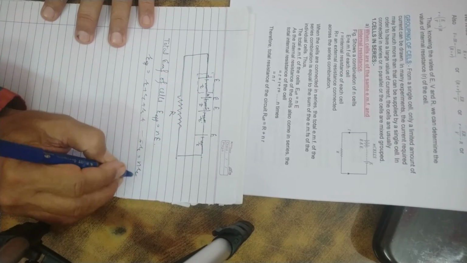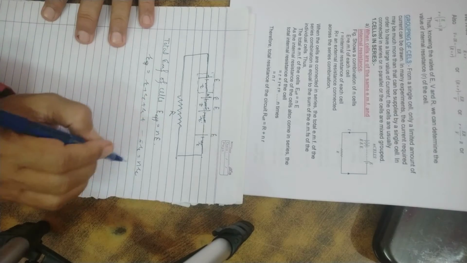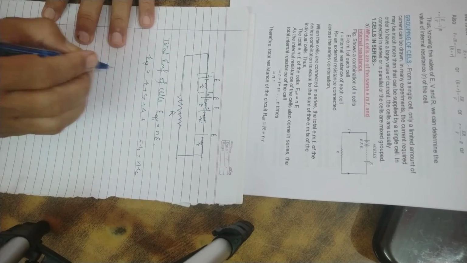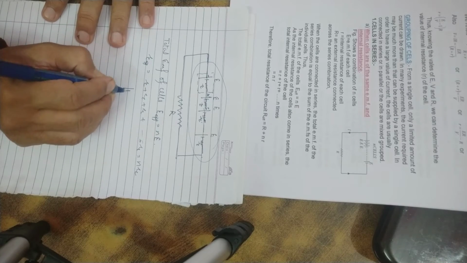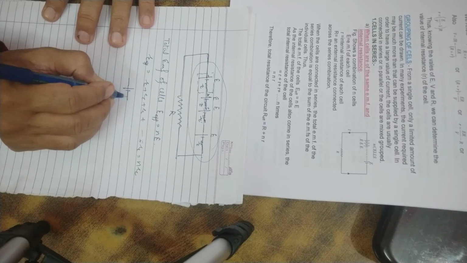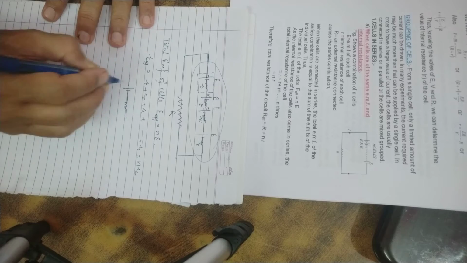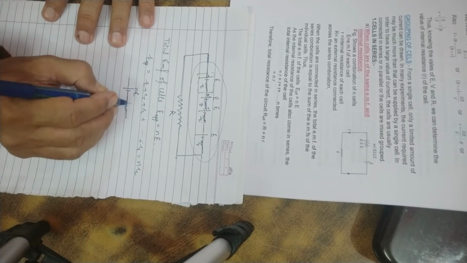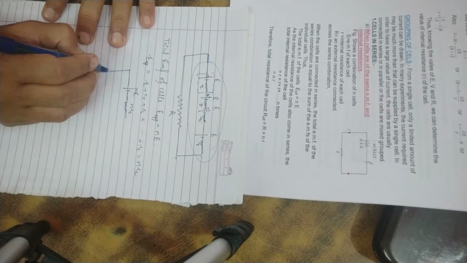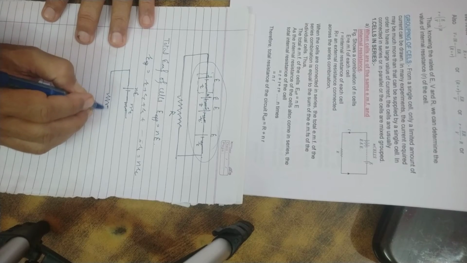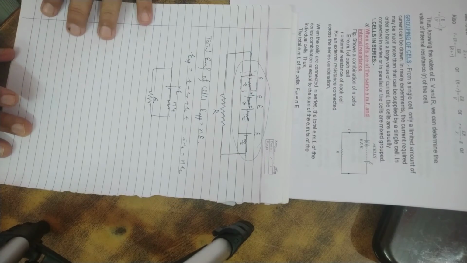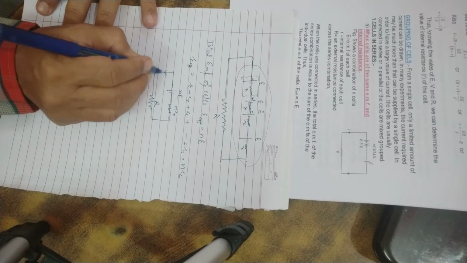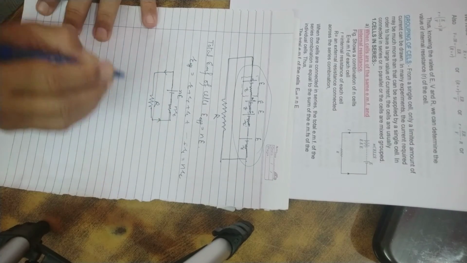So this becomes nr, and the external resistance is capital R. तो इसका इक्विवेलेंट सर्किट क्या बन जाएगा? इसका इक्विवेलेंट सर्किट बन जाएगा, these n cells are equivalent to a cell whose EMF is nE and internal resistance is nr, and it is connected across a resistance capital R.